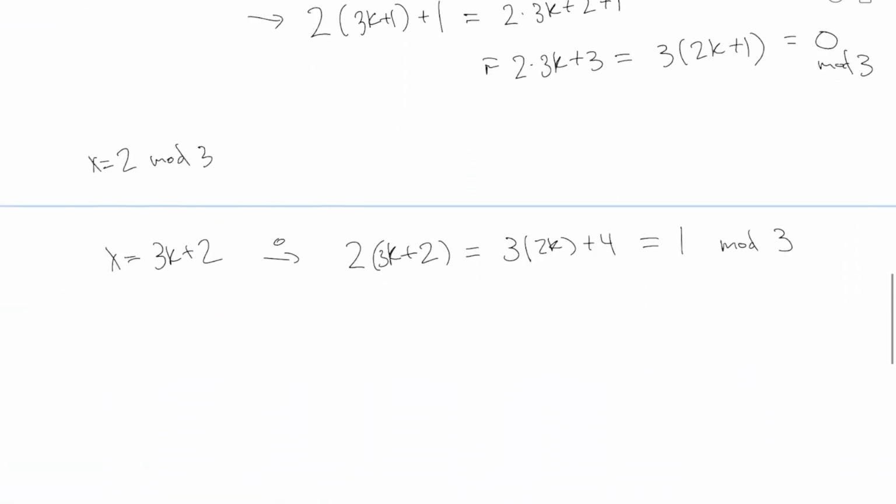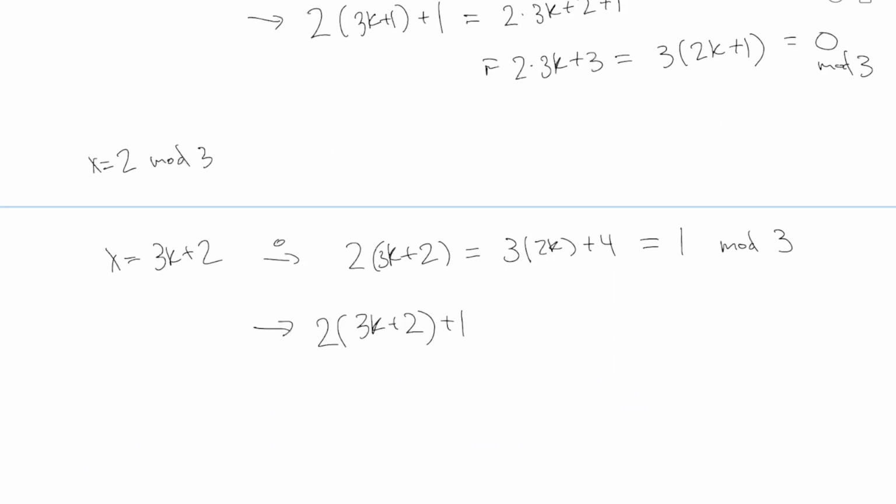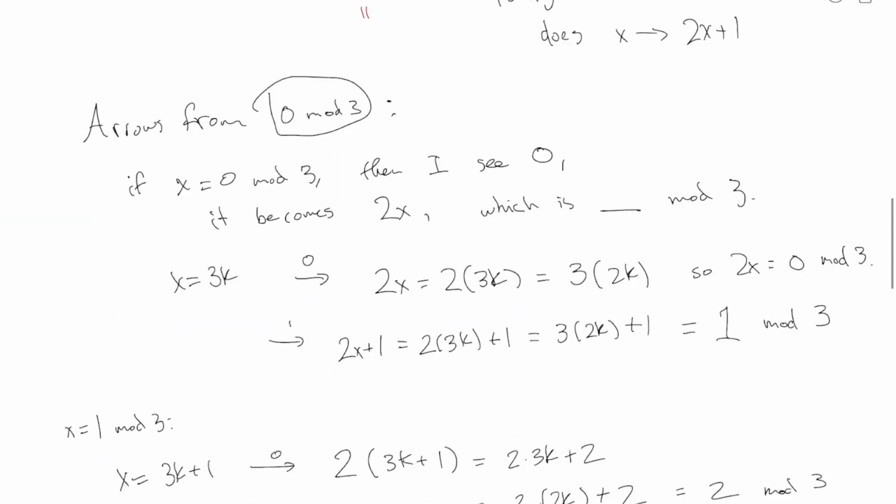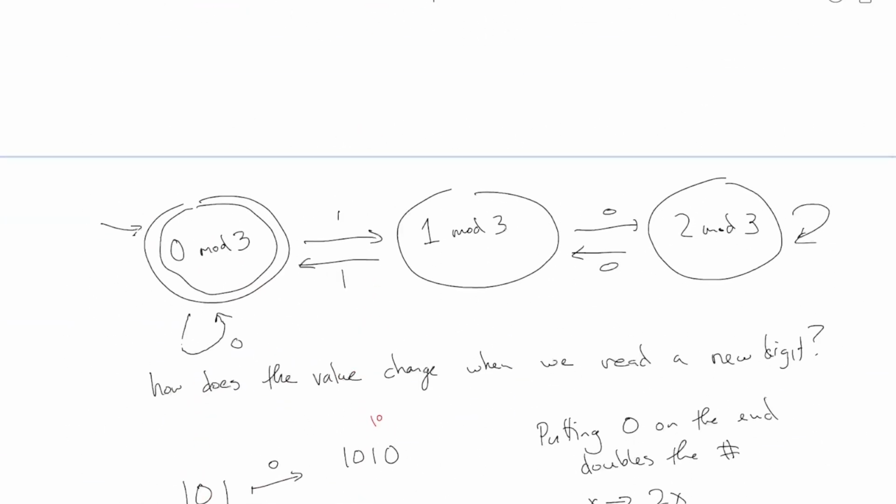If I'm in the rightmost state and I read a 1, that means this number becomes 2 times 3k plus 2 plus 1, like that, which if you expand and whatever, you get 3 times 2k plus 5. This is 2 mod 3. And so the rightmost arrow goes back to itself with a 1. Like that.